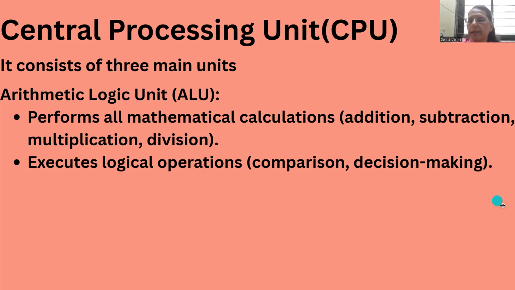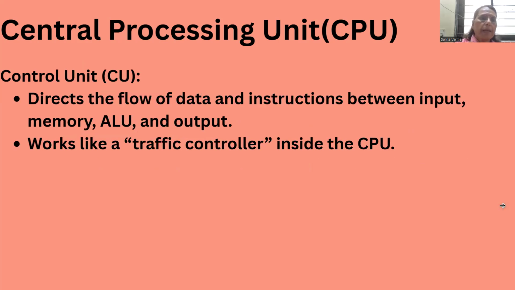in making the decisions. Another unit is the control unit, and the control unit is used for controlling the different operations and syncing the different operations of the computer. For example, if you are giving the input, it first goes to the storage instead of going to the arithmetic and logic unit. This flow is controlled by the control unit.